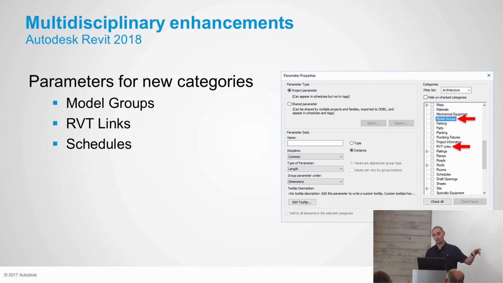For instance, if you're scheduling them or if you want to apply some filtering to the Revit links or model groups, you can do that. It's not particularly clear, at least to me, how we can use the parameters for schedules, but again, let's be creative in its use.